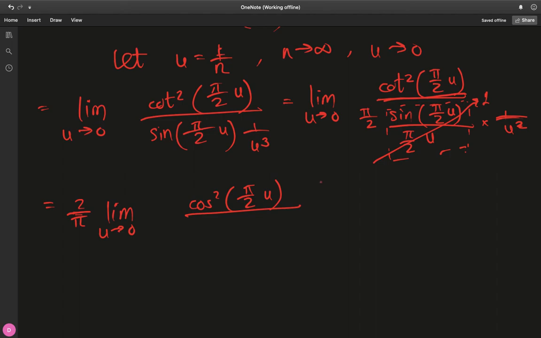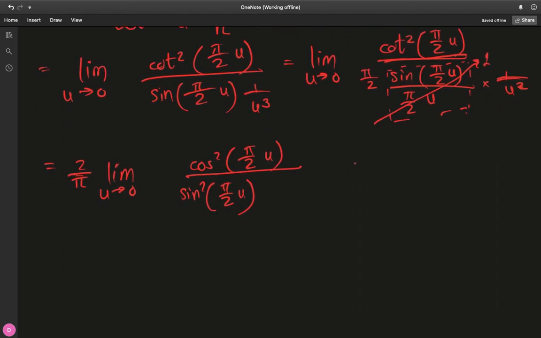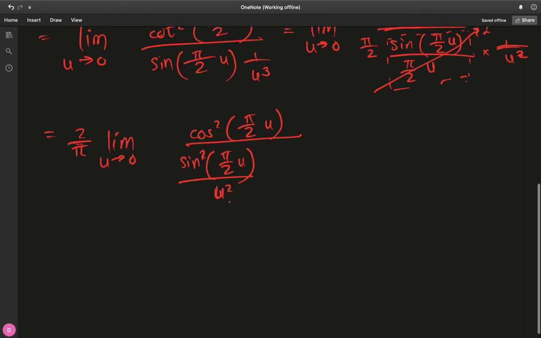And cotangent is cosine squared divided by sine squared of pi over 2u. Alongside it we have a 1 over u squared term over here. So I'm going to do the same thing like I did with this sine. Actually, let's not take 1 u, let's take the entire u squared.